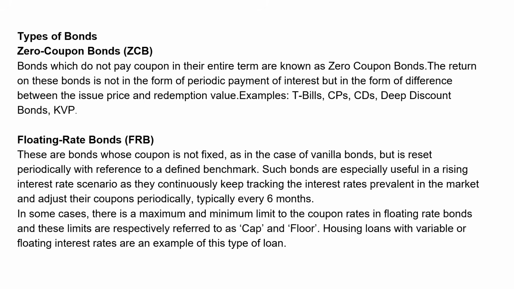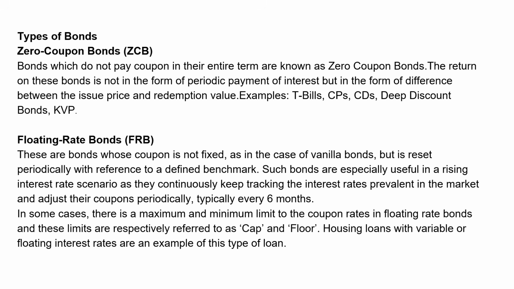Nothing will be given. The only thing you have to know is that you are able to get 100 rupees of value at 83 rupees now, which you can redeem after 10 years. So these types of bonds are called zero coupon bonds or ZCB. And who are the ones issuing these? Treasury bills, CPs and CDs are often issued as zero coupon bonds.